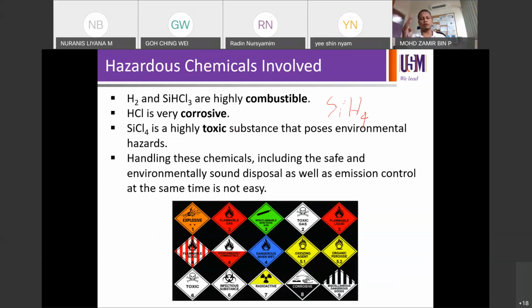Even then, even with all the safety precautions and all the strategies, we still have incidents, right? We still have incidents, so we cannot avoid completely, but we can minimize with all the engineering skills or strategies we can do to contain the problem. But if you talk about the processes, they cannot work without these hazardous chemicals and gases, unfortunately, right?